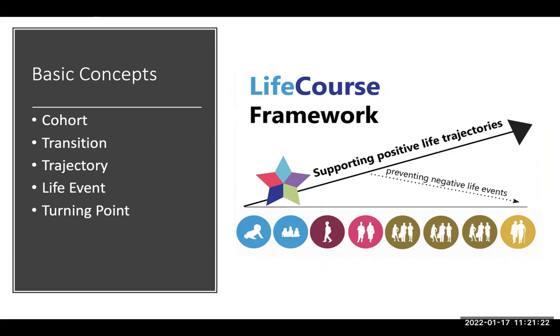So first, we have the concept of cohort. So cohort is a group of people who have been born during the same time period. Again, so are you Gen Z, Gen X, a millennial?